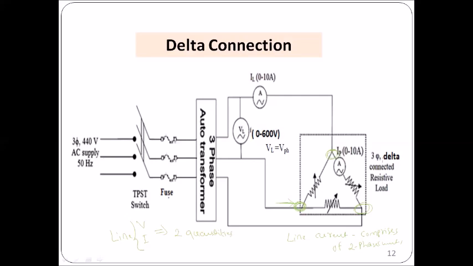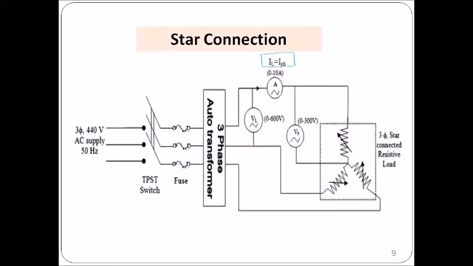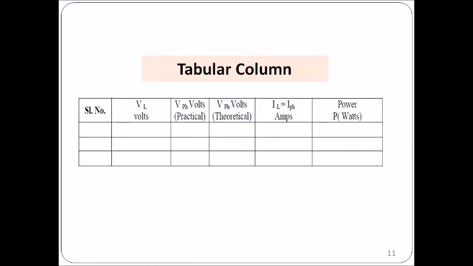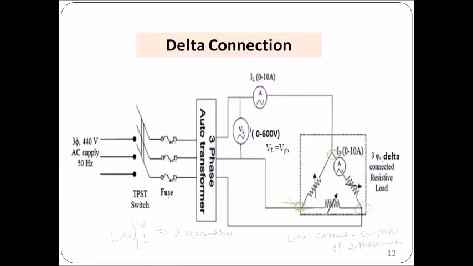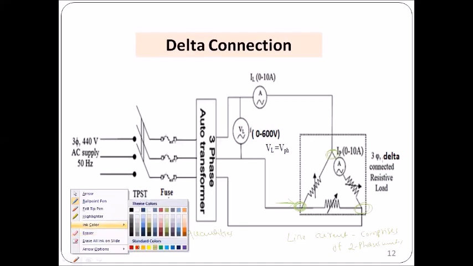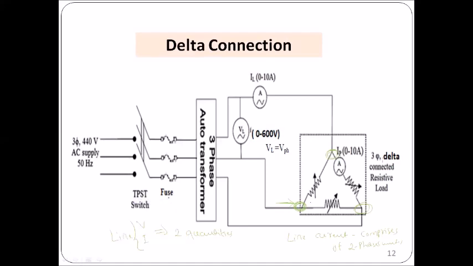In the case of line voltage, it is between this line and this line. Similarly, in the case of line current, we are interested in the current which gets divided into two components.